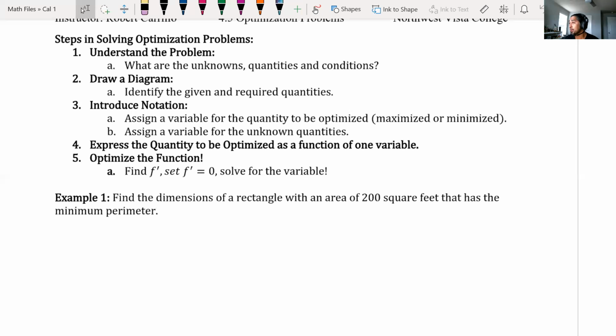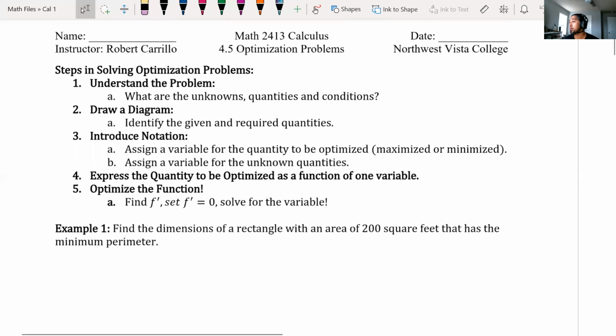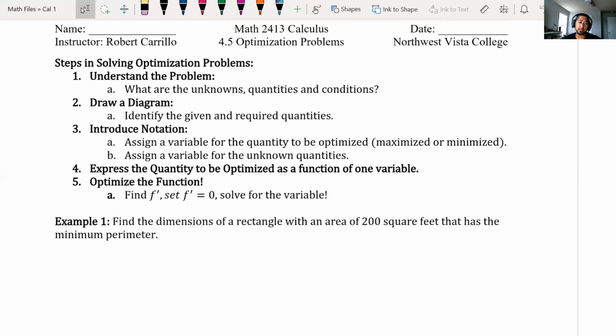Okay. So today we have, like I said, optimization. Basically, optimization is a fancy word for finding maximums and minimums, which we already know how to do. So what we're going to do is set up the problem, find the formulas that we need, see which formula we need to optimize. The problem is going to say minimize this or maximize this.